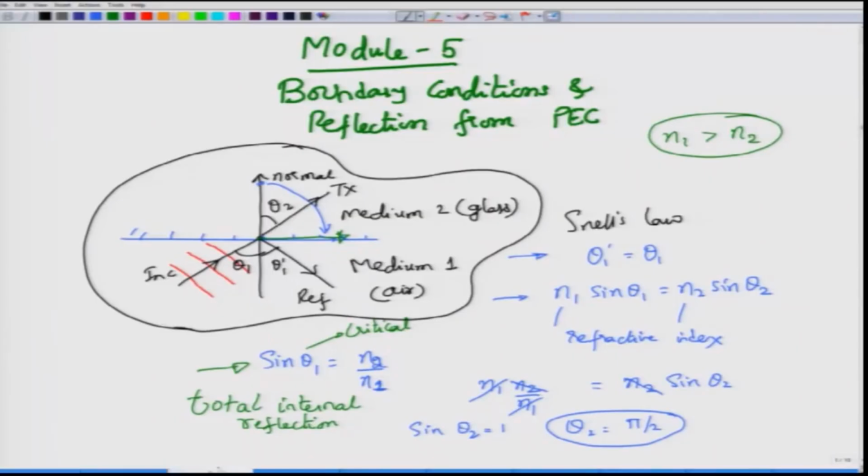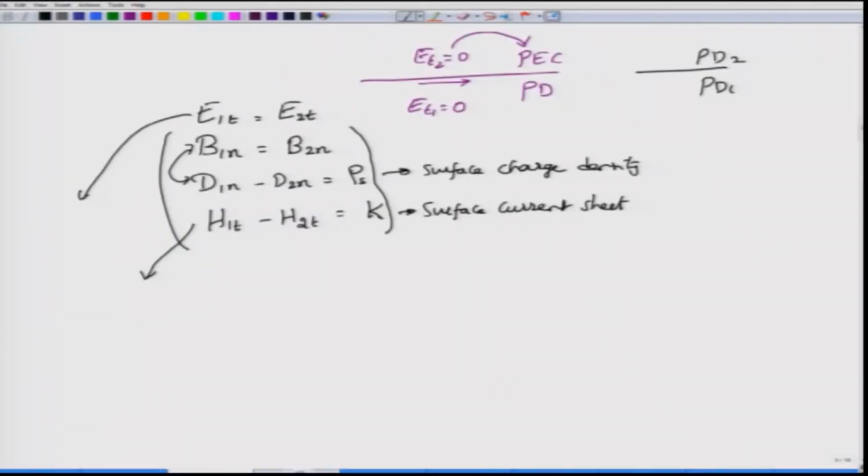So, let us specialize to a very interesting case, okay. This case happens to be an interface between a perfect dielectric and a perfect electric conductor, okay. And then I have a normal here which of course will be along the z axis and this one will be along the x axis. This is my interface.